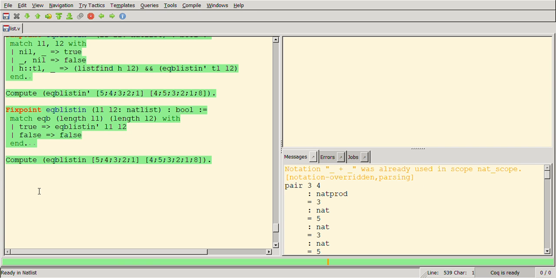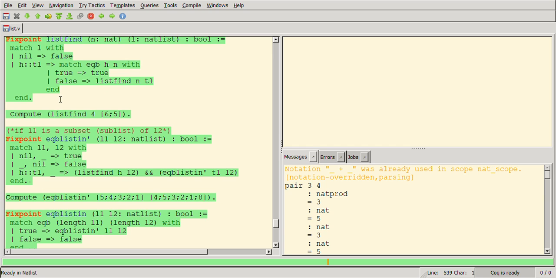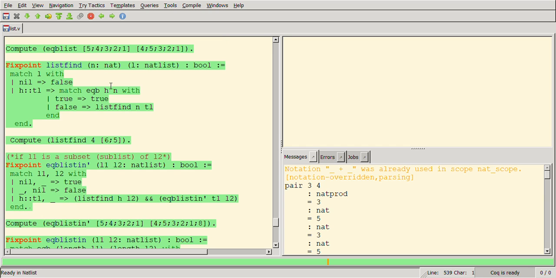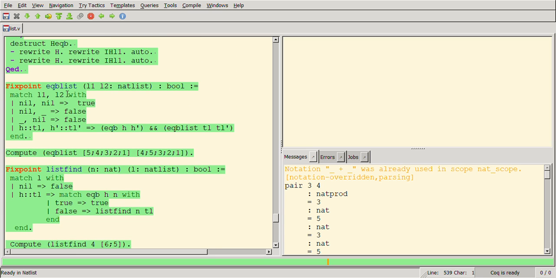Okay, so we have just defined a few functions. One function is equality Boolean on list, which is a Boolean equality defined on lists.